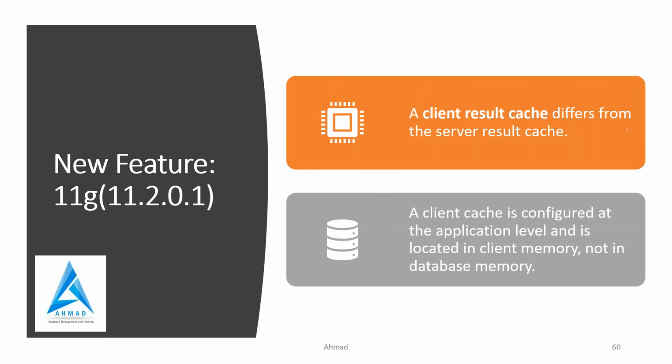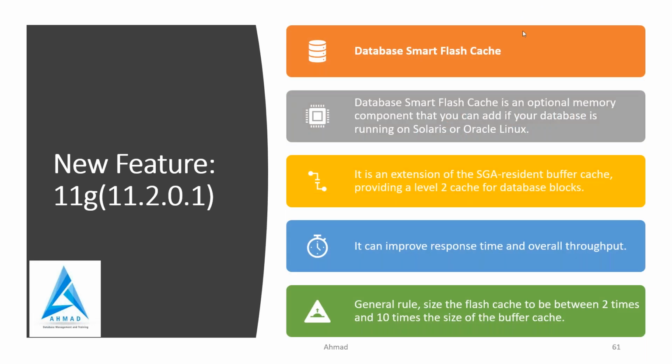And client result cache differs from server result cache, as I said. It is configured at application level, and it is located in client memory, not in database memory. So this is the important difference between server result cache and client result cache. And also, excuse me, Database Smart Flash Cache was added in 11g.